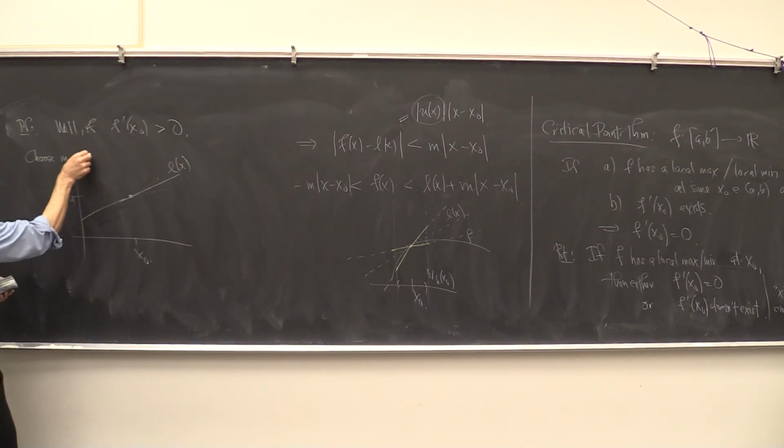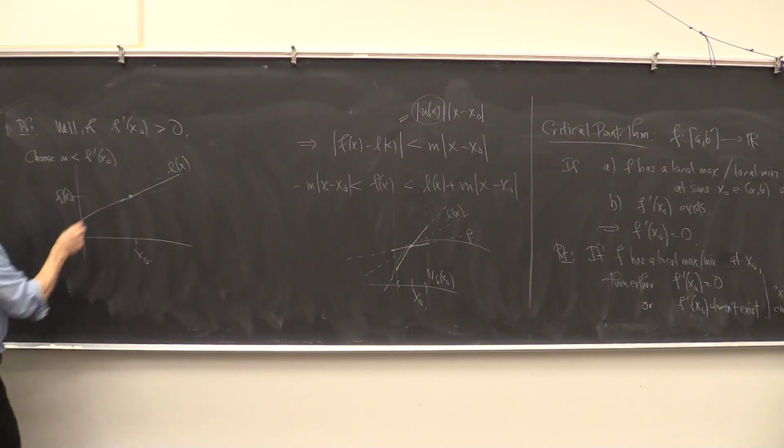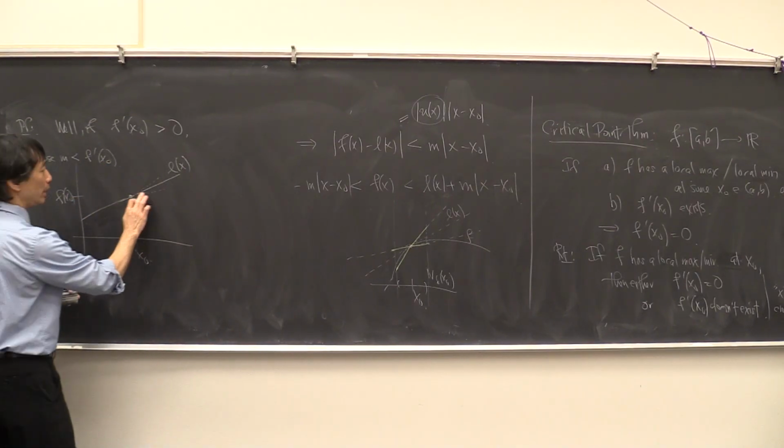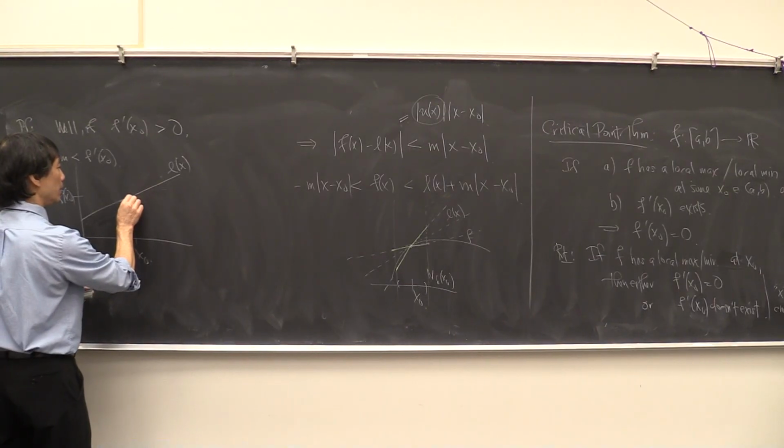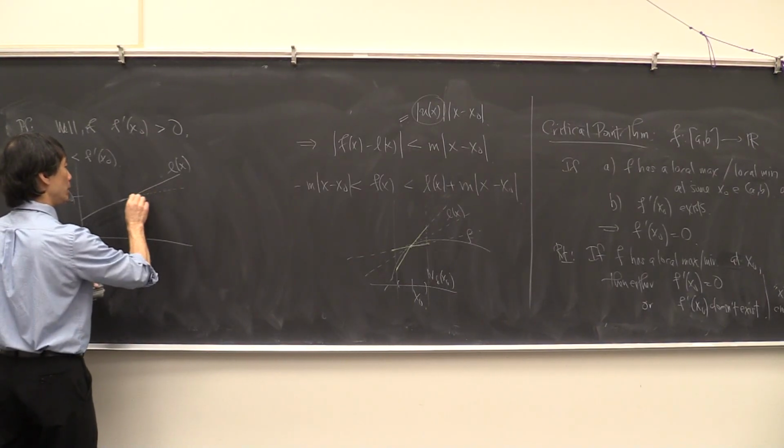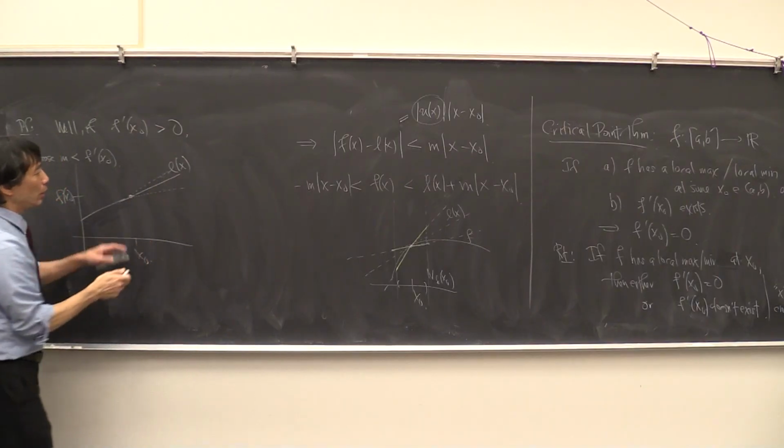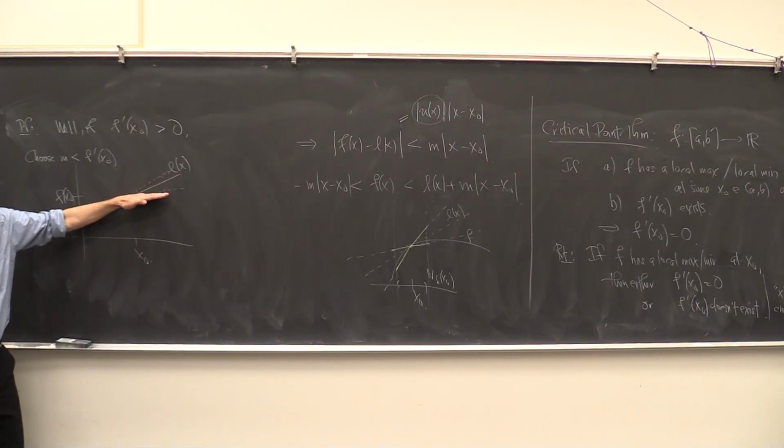Choose m that's smaller than f prime. What does that mean? That means that the slope of the lower edge of the cone here is still positive, right?